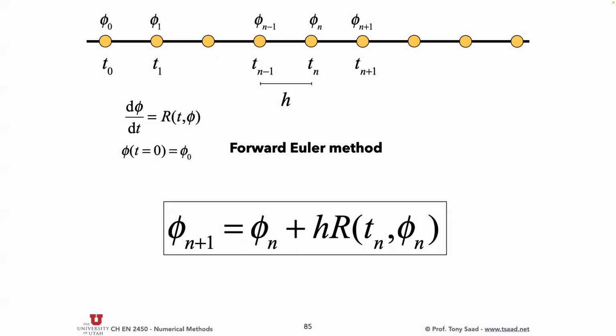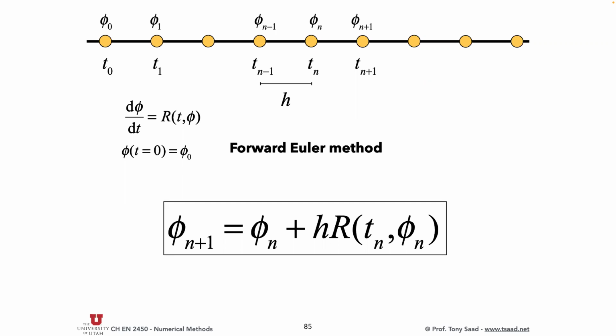If you apply this formula to a d phi by dt equal right-hand side with an initial condition phi 0, this is called the forward Euler method, because you're using a forward difference to approximate the first derivative. It's given by the formula phi n plus 1 equal phi n plus delta t times right-hand side at n. You will see oftentimes I write it as r sub n. It means that all the right-hand side is evaluated at quantities at n. What does n and n plus 1 mean? N plus 1 is your new time, n is your previous time.